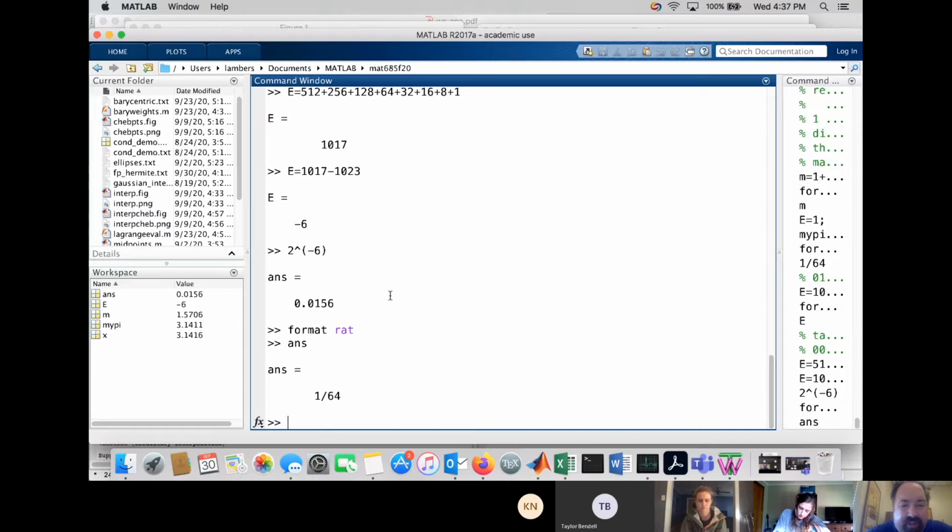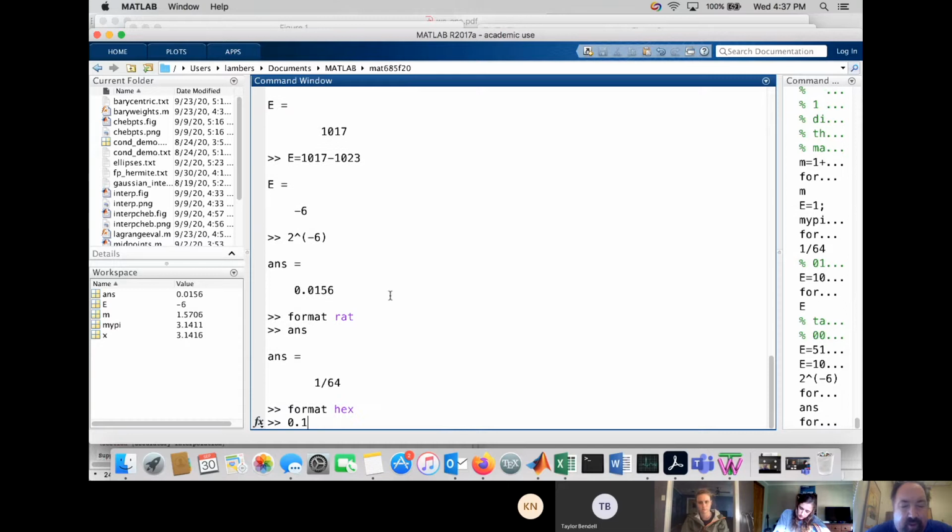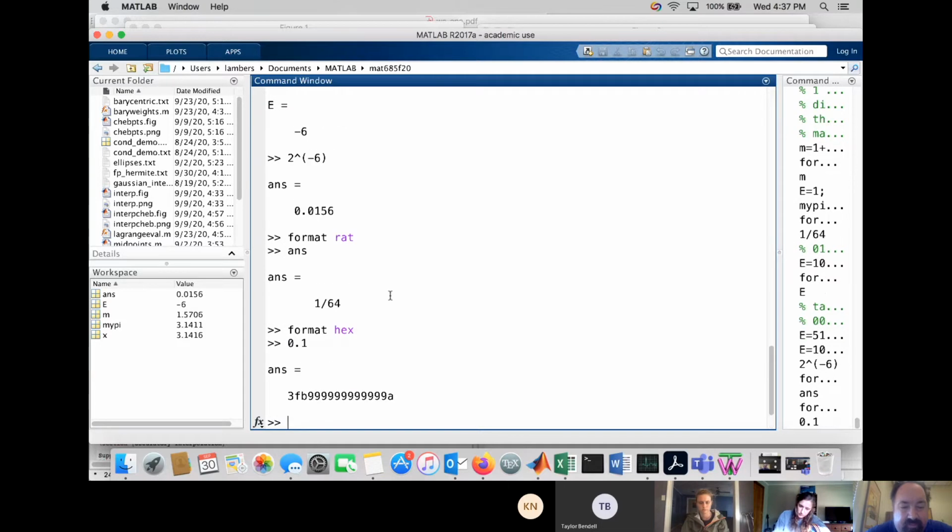On the other hand, if I take a number that is nice in decimal, 0.1, look at that. It's like a repeating hex. It's like 1/3, which is 0.3333 in decimal. So 0.1 in binary has this point.